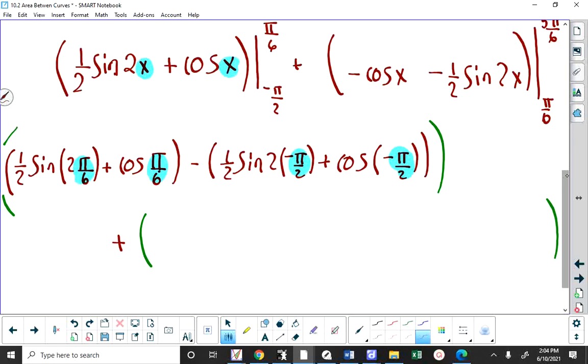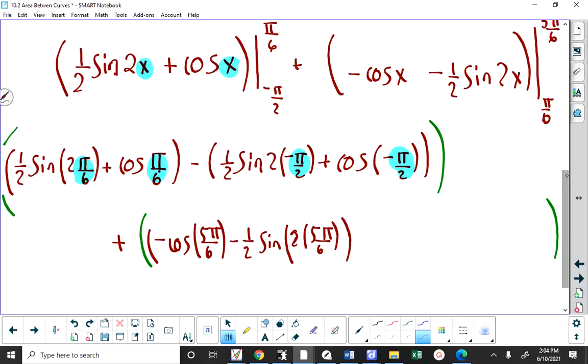Now I'm going to have negative cos, and my upper is 5 pi over 6, minus 1/2 sine of 2 times 5 pi over 6. Minus the same thing with pi over 6.